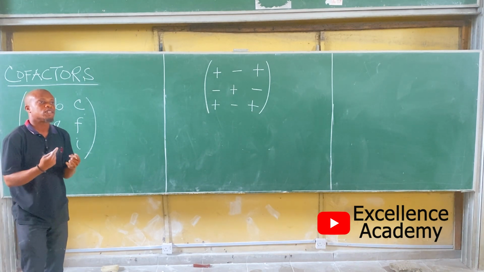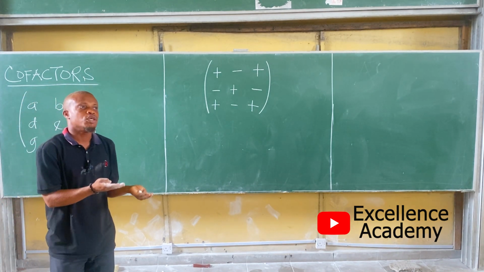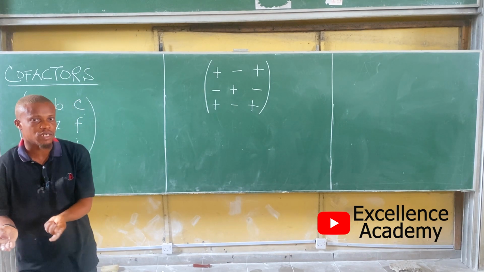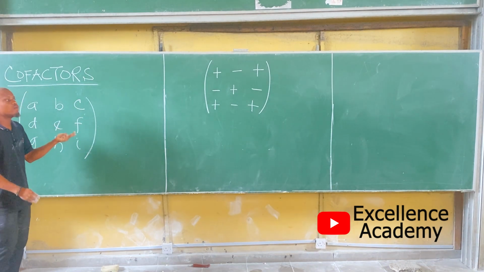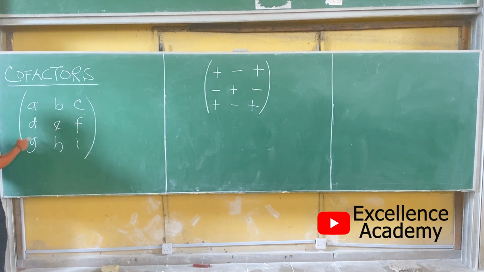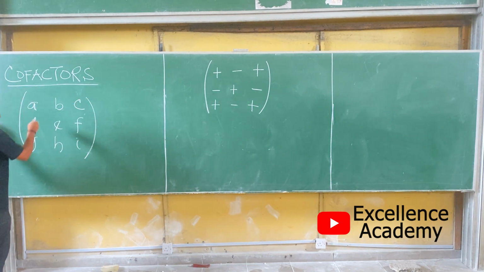All right. The way you treat your determinant, same way you treat your cofactor, but there's a slight difference. For me to get the cofactor of this matrix, I'll go to the first element here, which is A. And the sign convention there is a plus, right?